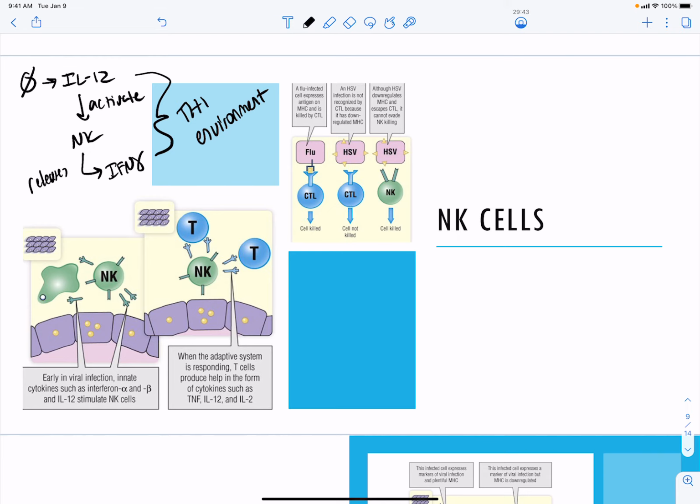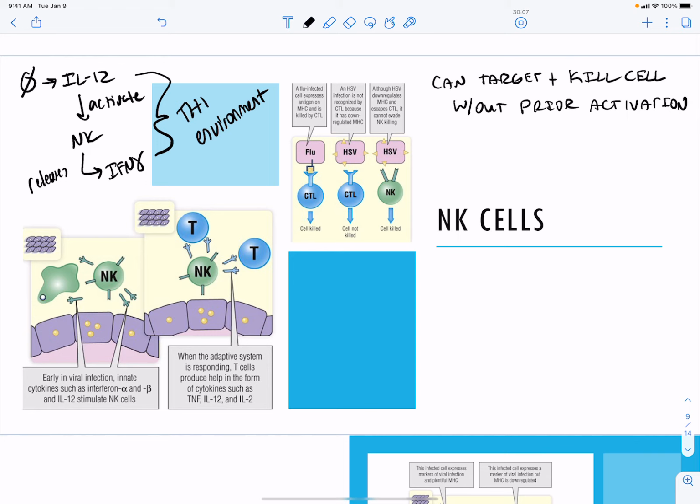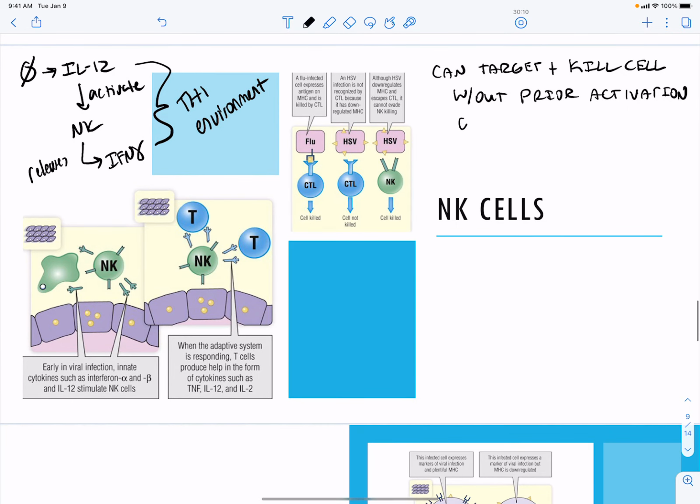One thing to keep in mind about natural killer cells is they can target and kill cells without prior activation or sensitization.